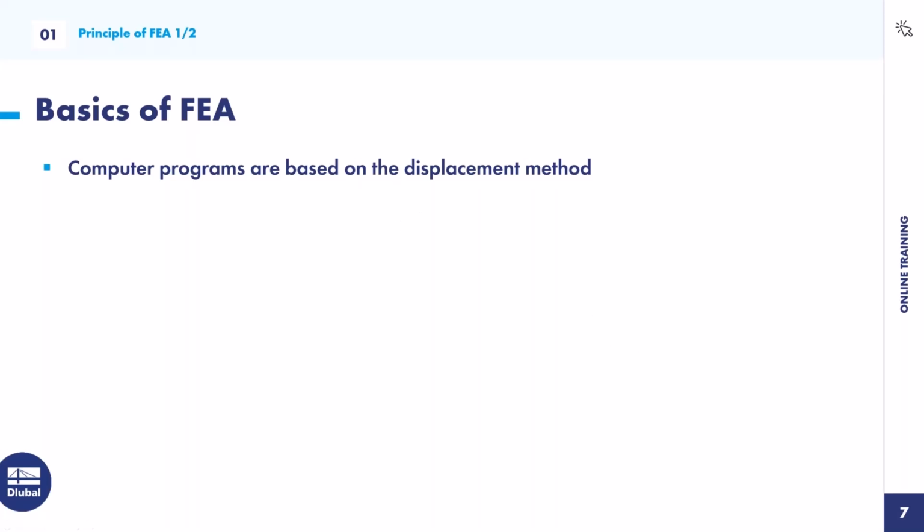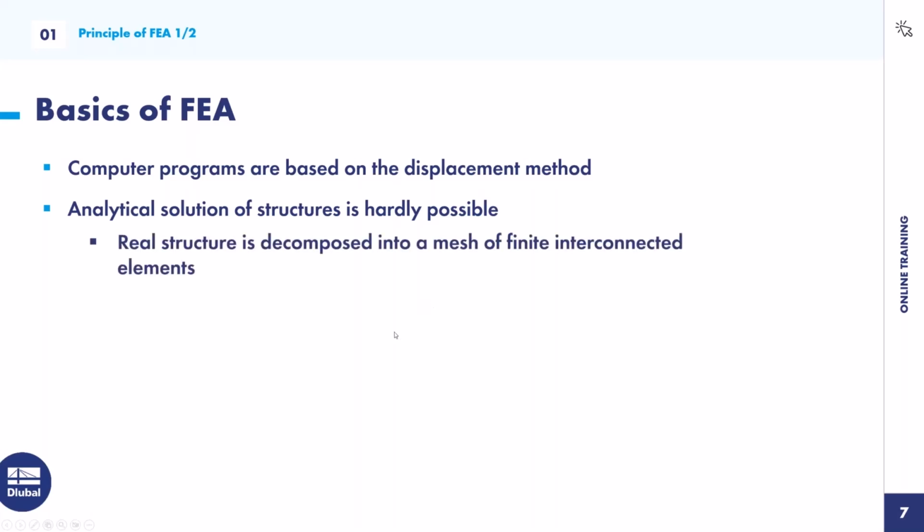The finite element analysis is used when analytical solutions of structures are not really possible. That means the finite element analysis uses a decomposition of the structure into finite elements.